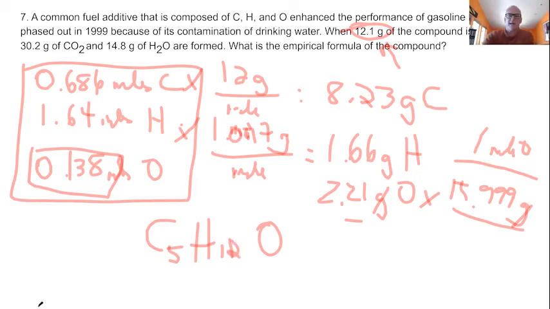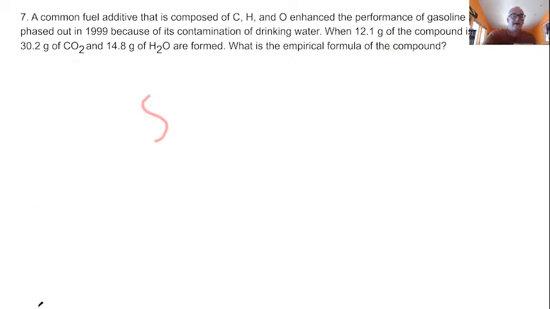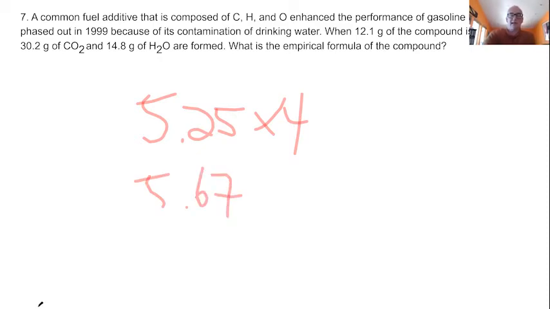Yeah, so if you have something, when you divide everything and you get something like, let's say 2.33, well, the obvious thing to do to round that up to a number is to multiply it by 3. If you get a number like 5.25, well, the obvious thing to do there is to multiply by 4. Same thing if you get something like 5.67, you multiply that by 3.